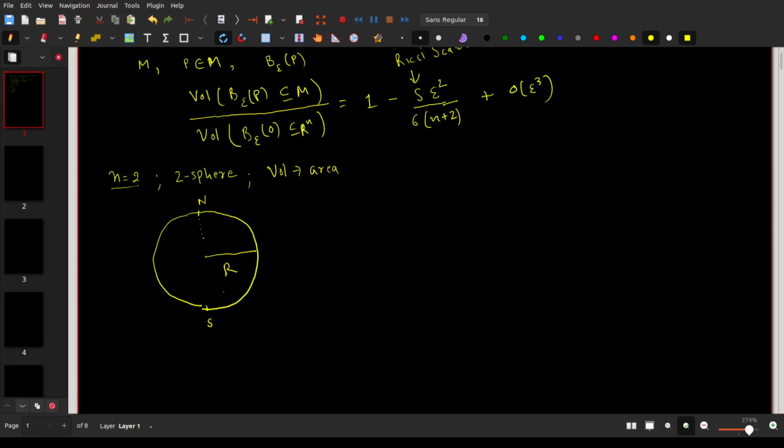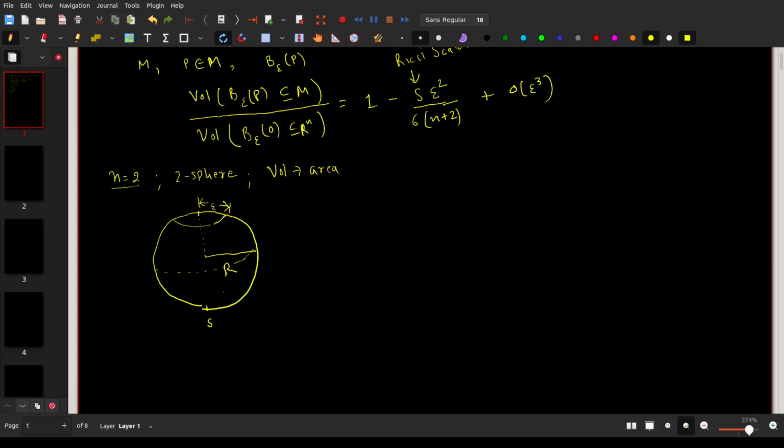So at this North Pole we take a ball of radius epsilon. So this will be a disk of radius epsilon. We want to calculate the area of this disk.